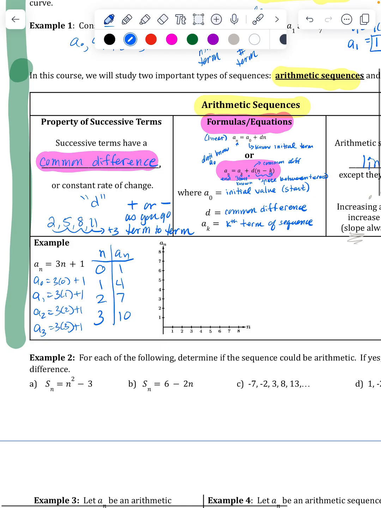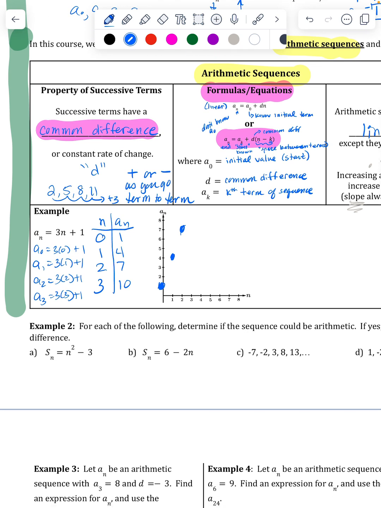If I plot those points, 0, 1, 1, 4, 2, 7, and then 3, 10 is already off this chart. They are going up 3 over 1. I do not connect them because they are separate individual pieces and I can't plug anything in between the whole numbers, so there are no spaces in between them.